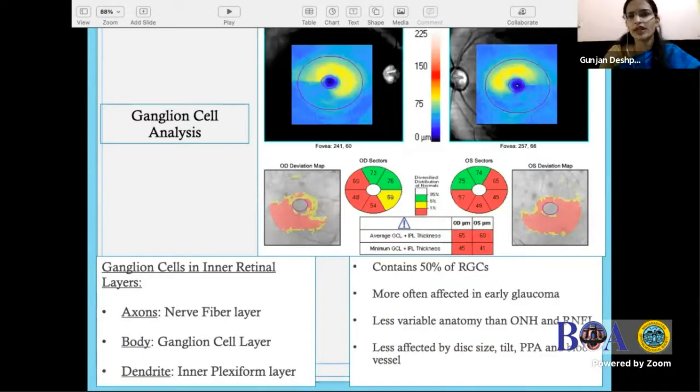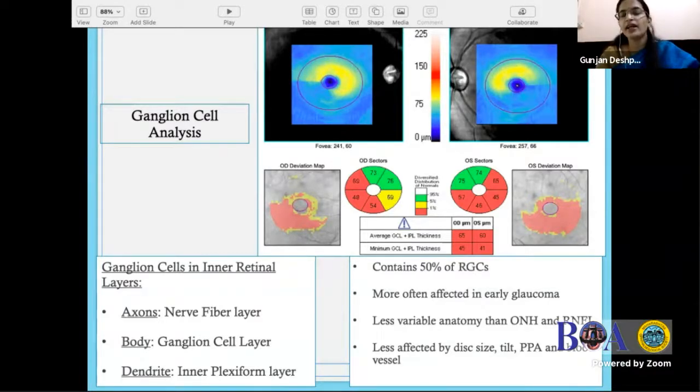A small note on the ganglion cell analysis. Ganglion cells are a part of the inner retinal layers where the axons of these cells form the nerve fiber layer, the body forms the ganglion cell layer, and the dendrites form the inner plexiform layer. This is important to study for 2 reasons. One is that around 50% of these RGCs are found at the macula.